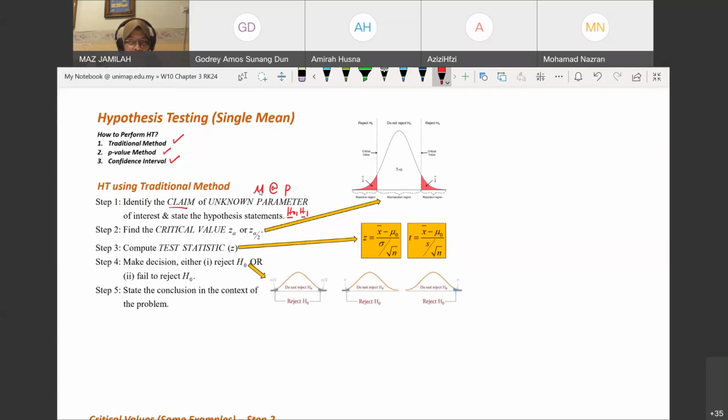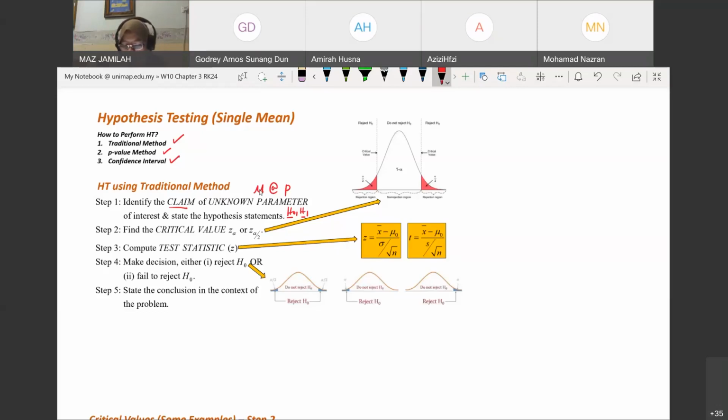Why do we need to identify which statement becomes the claim? Because of the way we make the decision at the last step; it will be very helpful if you can identify which statement is your claim. That would be the first step. The second step is finding the critical value.